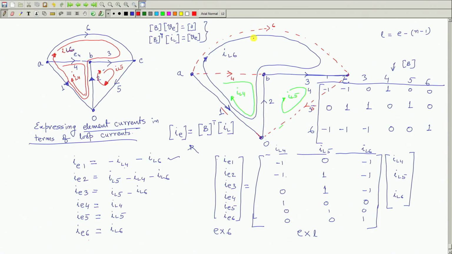Then we told you that the first equation is B into VE equal to 0, which is nothing but the KVL equations in fundamental loops.